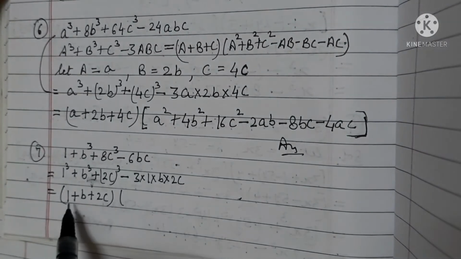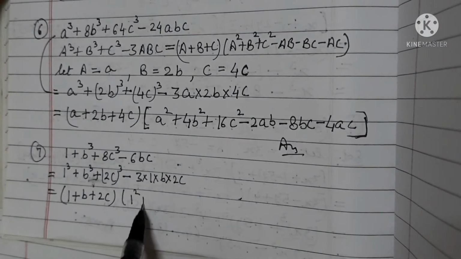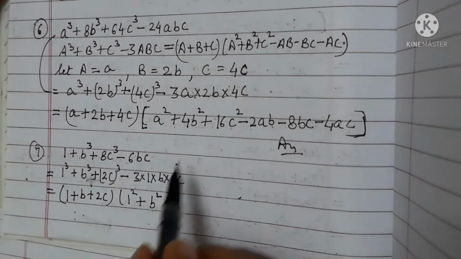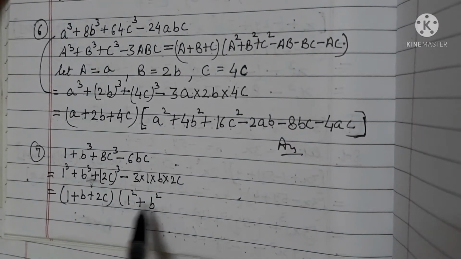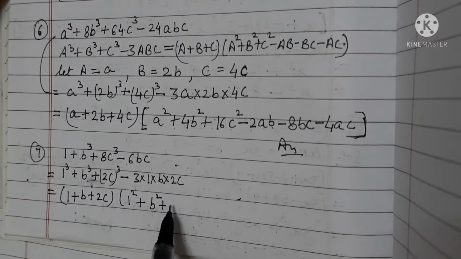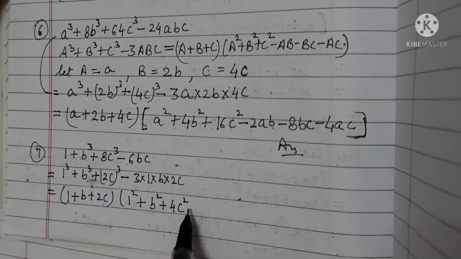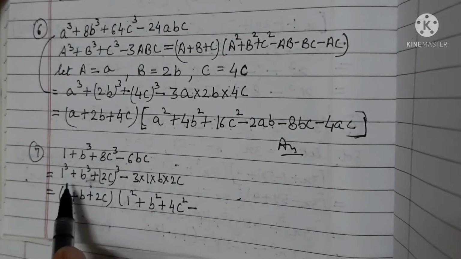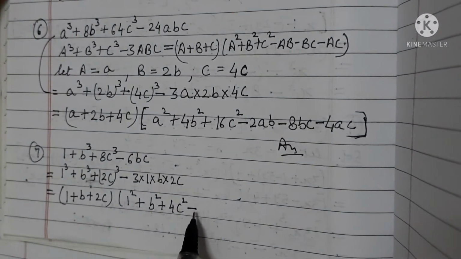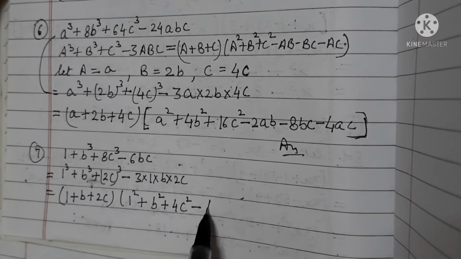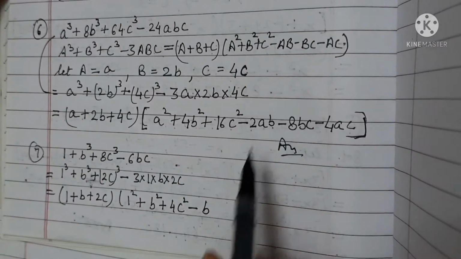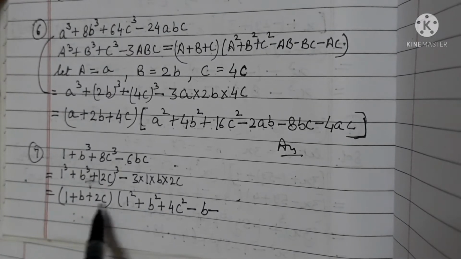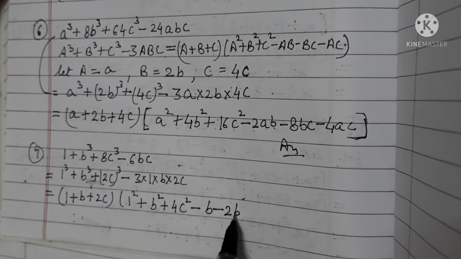A square means 1 square, b square means small b square, c square means 2c square, so you can write 4c square. Minus ab, so here ab means 1 into b, minus bc means minus b into 2c, you can write it 2bc.